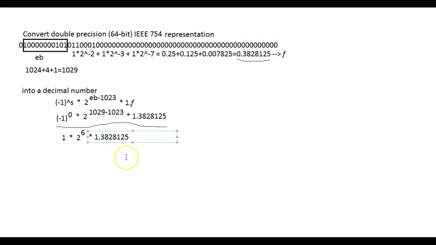Just multiply those three together, and you should get 88.5. And that is the answer. That's the number that we were shooting for, showing the conversion from double precision representation. The equivalent decimal number is 88.5.